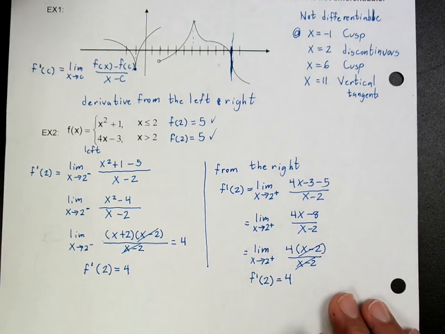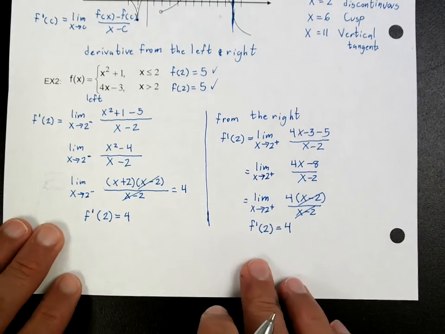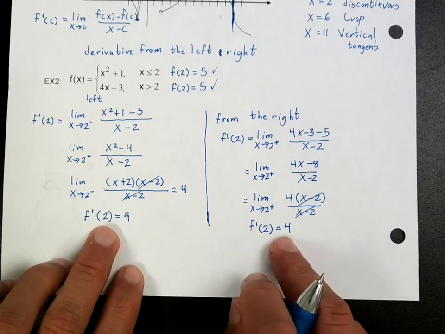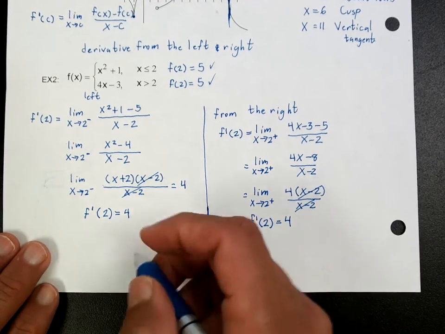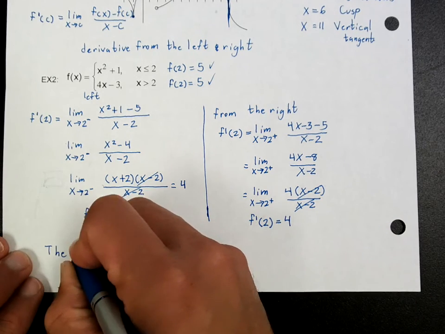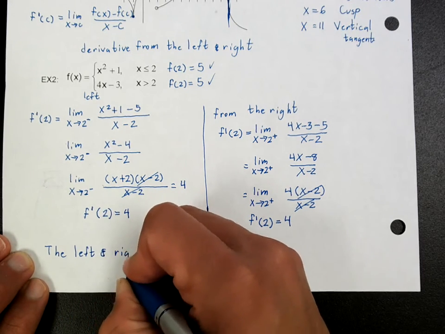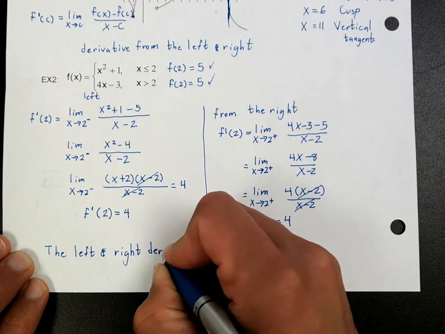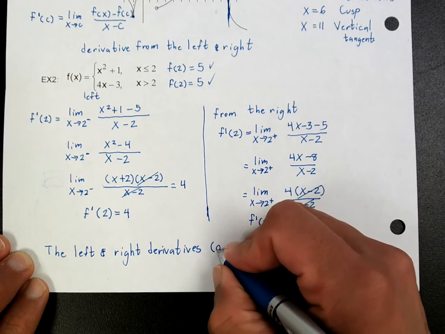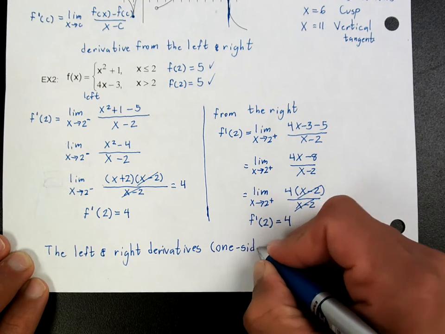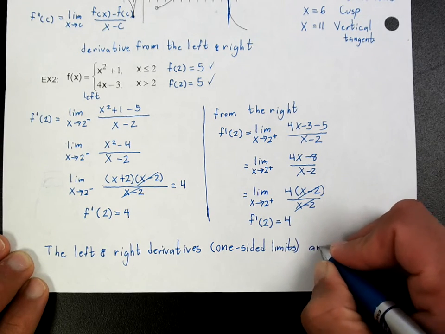All right, so notice that on this one, from the left and from the right, I'm approaching the same value. Or to be precise, the limit from the left and from the right is the same. So therefore, it's differentiable at 2. All right, so I'm going to write this over here. So the left and right derivatives, so one-sided limits here, that's the same thing, are equal.